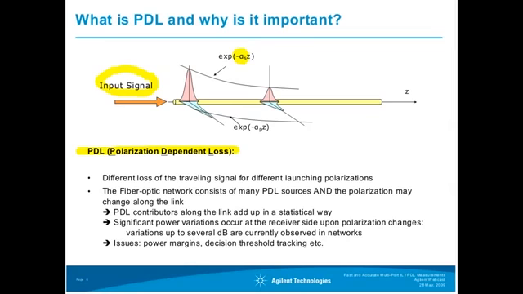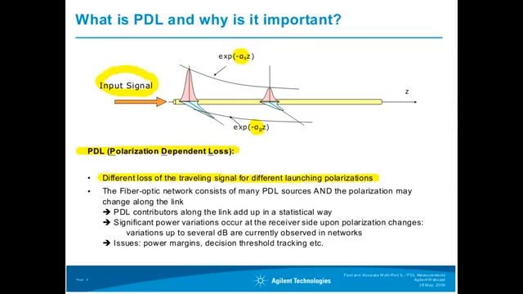And if you couple in another polarization, indicated here with a blue-green color, then you may have another type of attenuation. That means depending on how the signal travels down the fiber, you may have more or less loss on the link at the end. Or briefly in summary, different loss of the traveling signal for different launching polarizations. That is PDL.